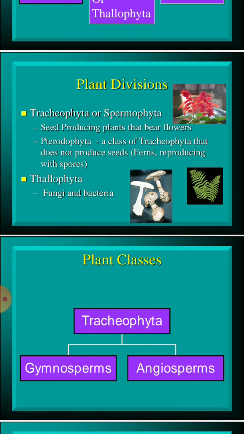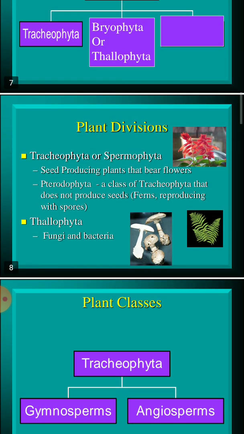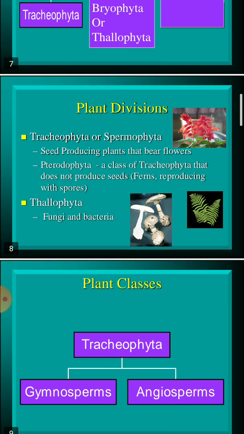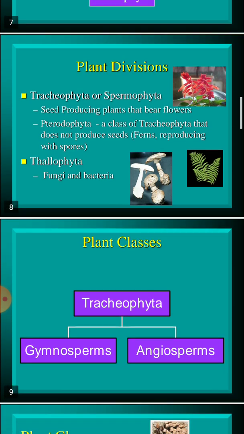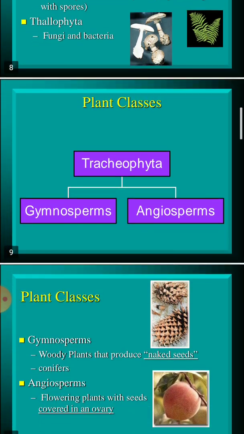Tracheophyta or Spermatophyta are seed producing plants that bear flowers. Pteridophyta, a class of Tracheophyta that does not produce seeds. Ferns reproduce with spores. Thallophyta are fungi and bacteria.